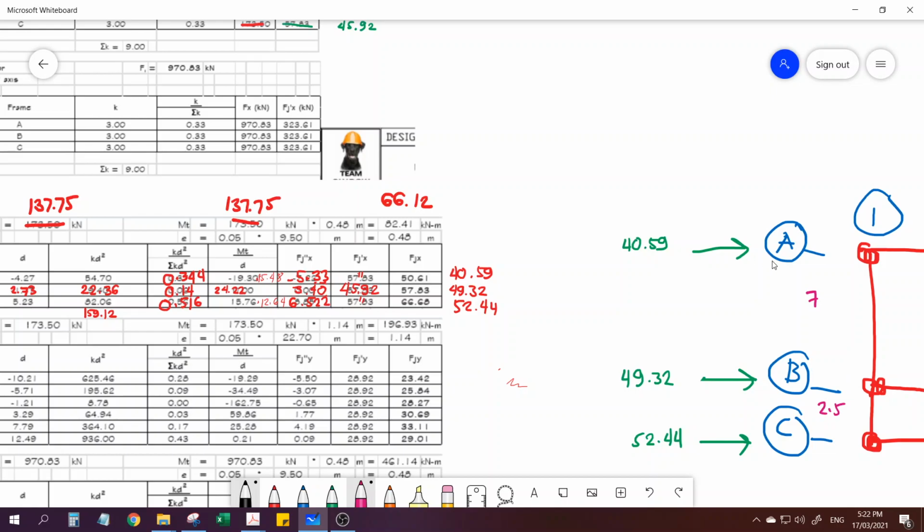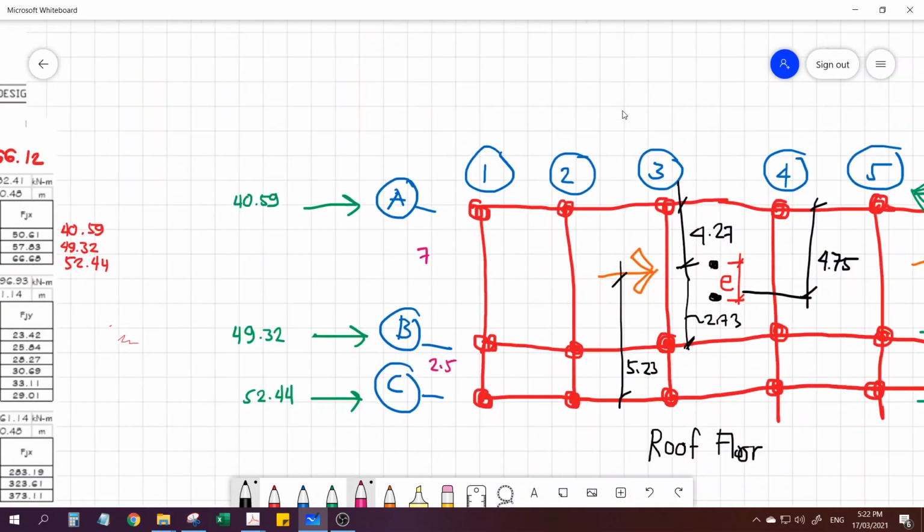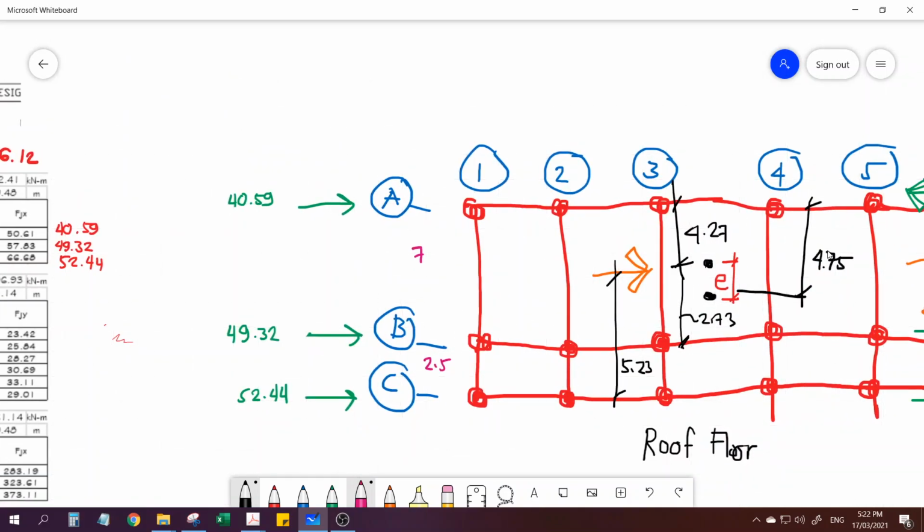So 9.5 divided by 2 is 4.75. So our center is in the middle, the center of mass and even the center of rigidity. We assume 4.75.